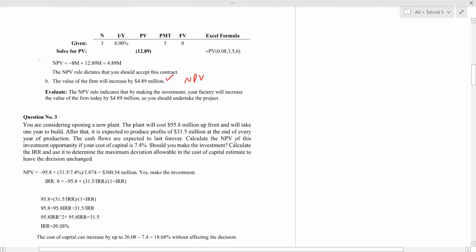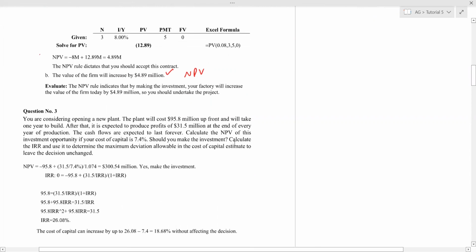Okay, so now the next question is, you are considering opening a new plant. The plant will cost 95.8 million upfront and will take 1 year to build.